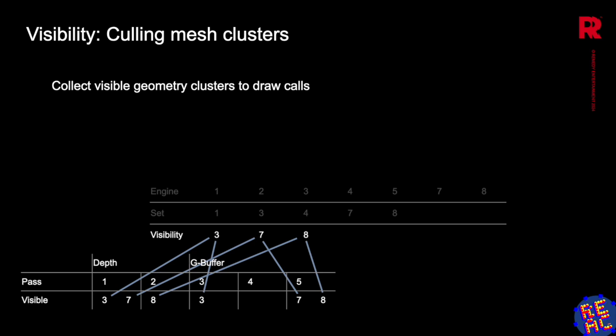In order to make it possible to do occlusion culling based on previous frame visibility, we store the current visibility as a bit mask. So the green clusters are visible and the red ones are not. Here you can note that cluster handle 3 was not visible on the previous frame. In addition to current visibility, we collect geometry that was not visible previously but has become visible on the current frame.